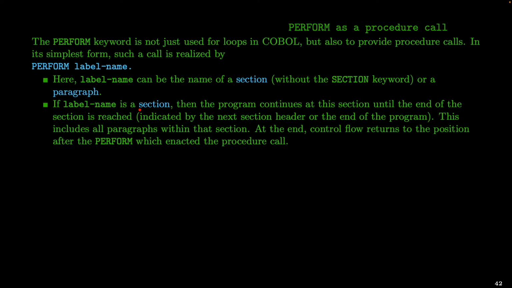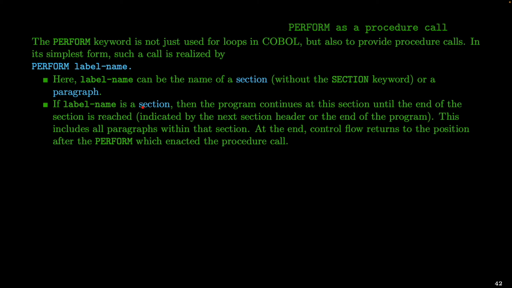If label name is a section, then the program continues at this section until the end of the section is reached, which is indicated by the next section header. Or if the program just comes to an end, if you reach the end of your program code. And then you will return to the position from where you called your procedure. So you will continue at the next instruction after your perform statement.